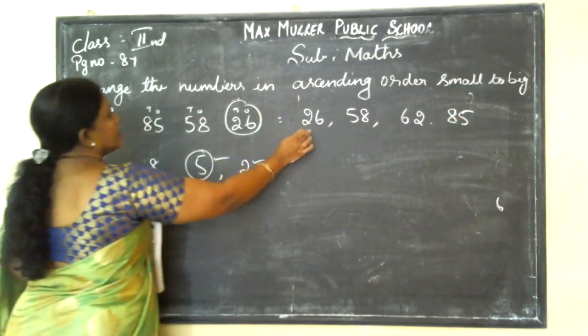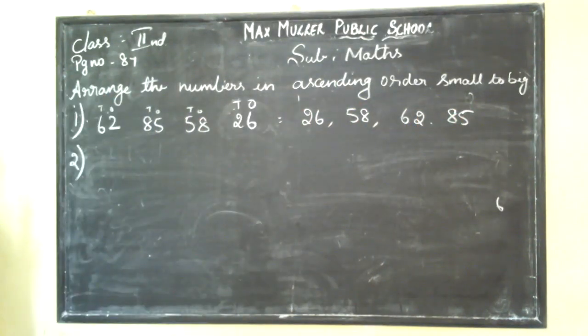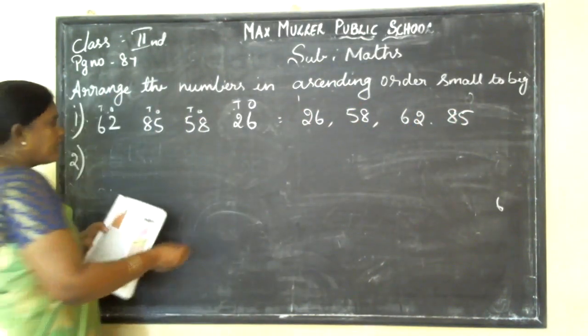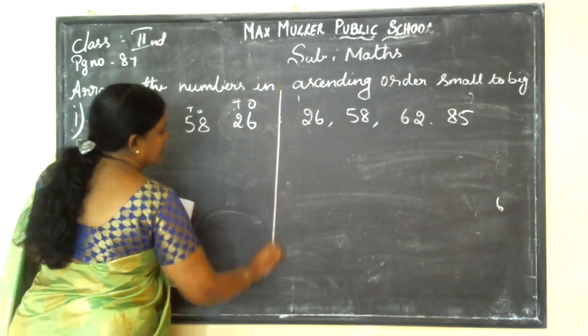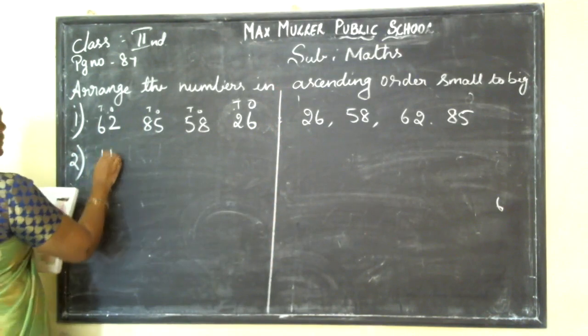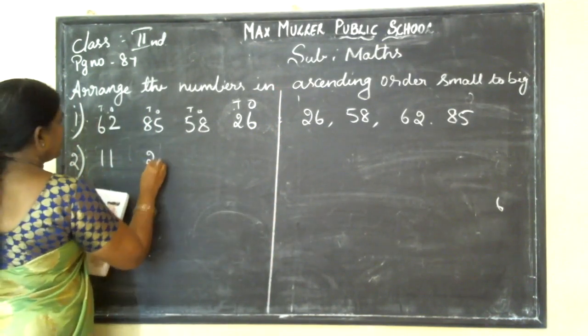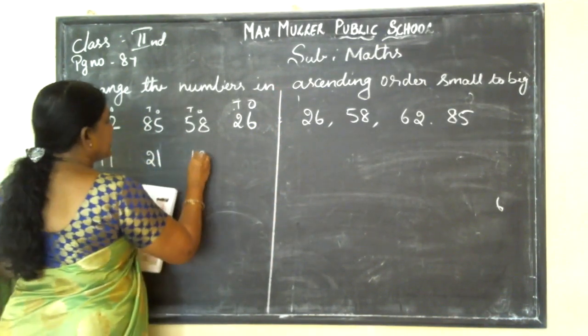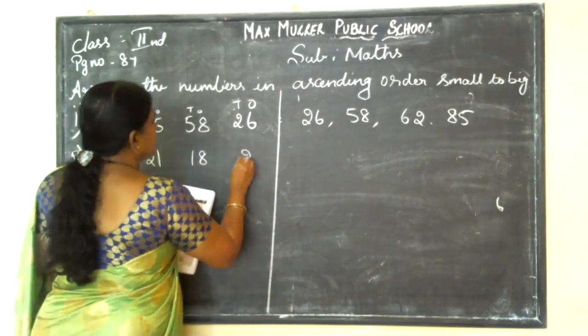Second one. First one you finished, no, children? Second question is 11, 21, 18, 23.